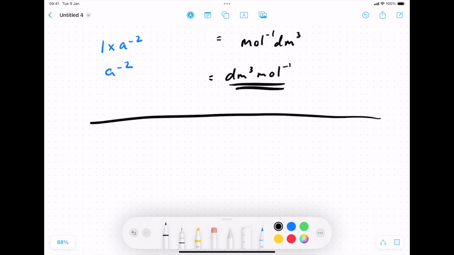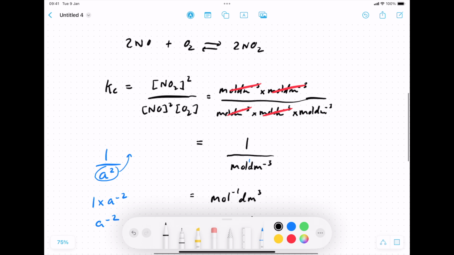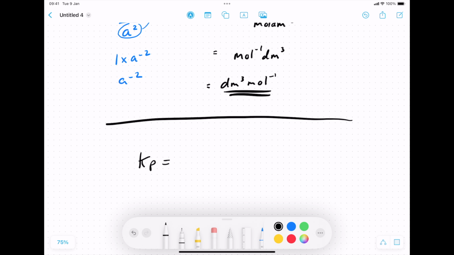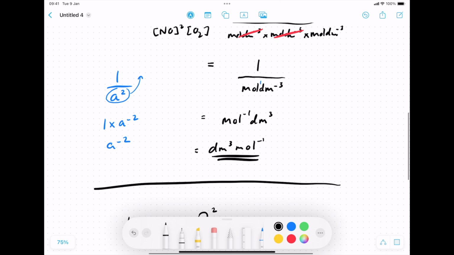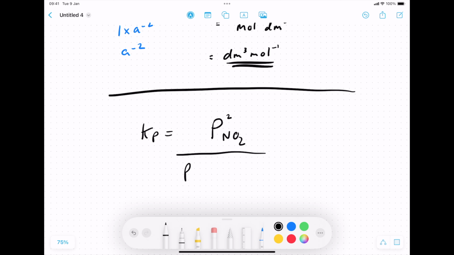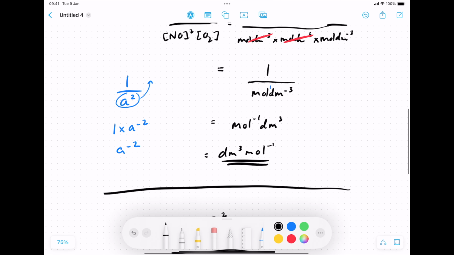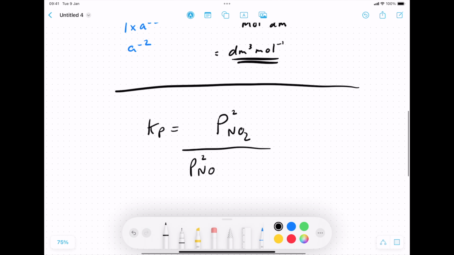Right, for the next bit, what happens if we were asked to do the expression for Kp instead? Instead of concentrations, it's in terms of partial pressures. The expression for Kp for the same reaction, usually the notation is a capital P, standing for partial pressure, with the reagents as subscript. It'll be the partial pressure of NO2 all squared, divided by the partial pressure of NO squared, times the partial pressure of O2.